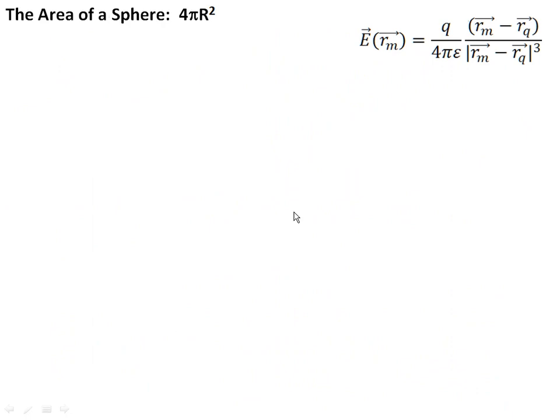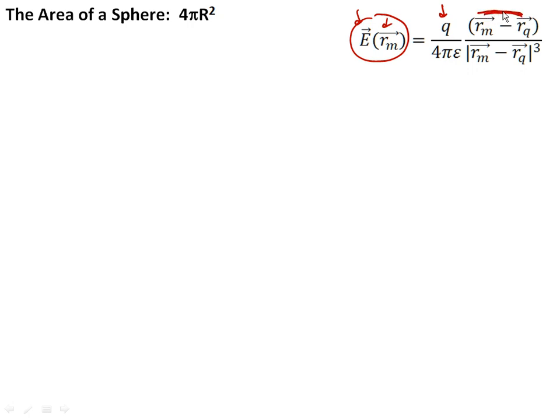So, what have we figured out from Coulomb's law? We know we have an electric field at each point in space. This vector r sub m basically says at any point in space I can point to with a vector r sub m where I'm measuring the electric field, we create a vector. That vector, the size of the electric field, the invisible force rays, is proportional to the charge. We know it points in a direction that goes from the charge out to the measurement point because of this subtraction.